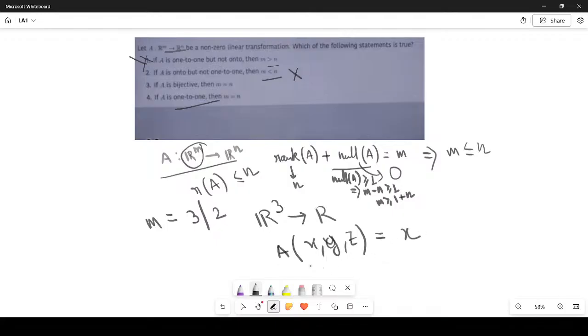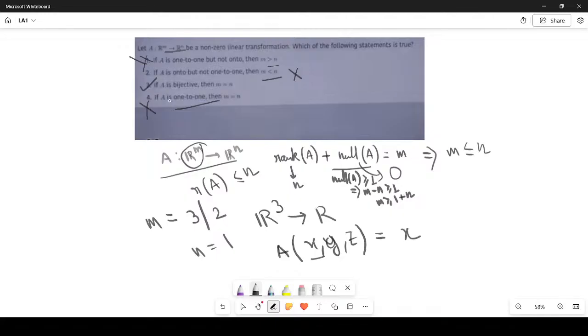It is clearly 1-1 because x is distinct here. But here m is equal to 3 and n is equal to 1, so m is not equal to n, correct?